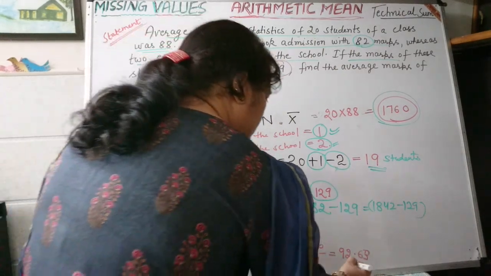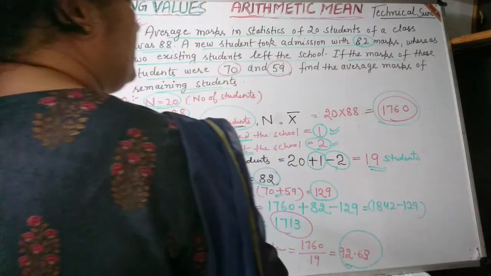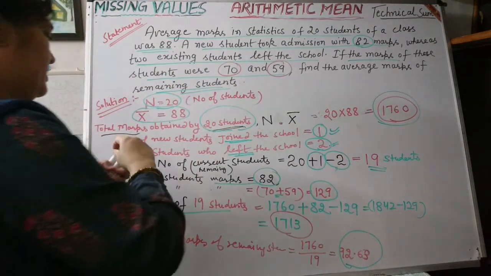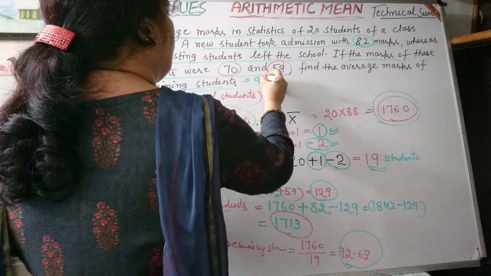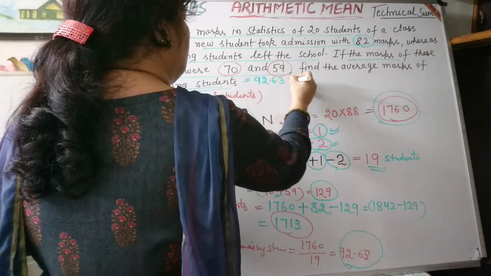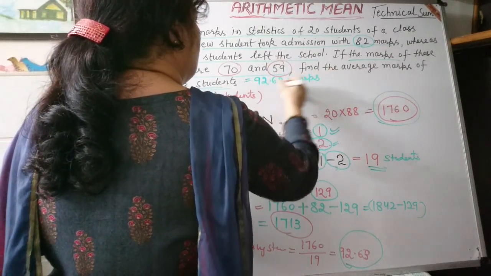So this is the answer. Average marks obtained by remaining students will be equivalent to 92.63 marks. So this is the answer.